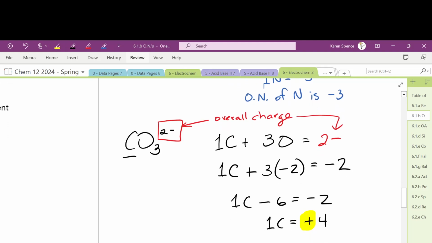Okay, for oxidation numbers, you need to include a positive when it is positive. Okay.